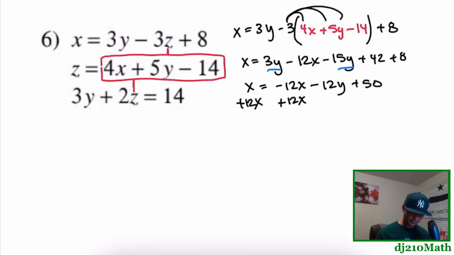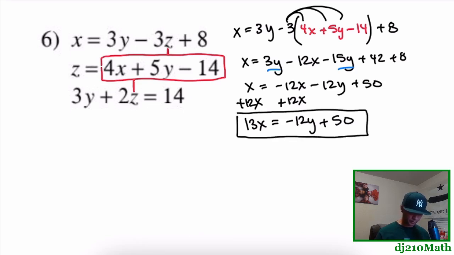So this is going to be 13x is equal to negative 12y plus 50. That's not useful. Okay, that's okay. Because now we're just going to put this on the back burner. We're just going to box it.